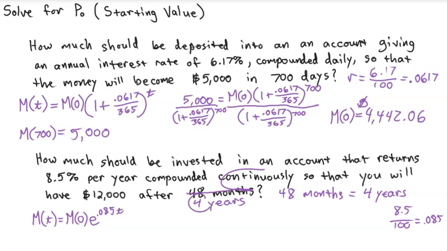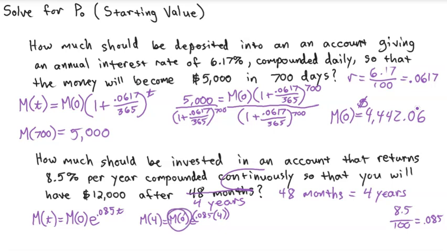Now, we want to know when t is 4 years. So this is going to be M of 4, okay? So we're going to have M of 4 is equal to M of 0 e to the power of 0.085 times 4. Now notice this 4 is still in the exponent. You could put parentheses around the whole exponent if you want to, okay?